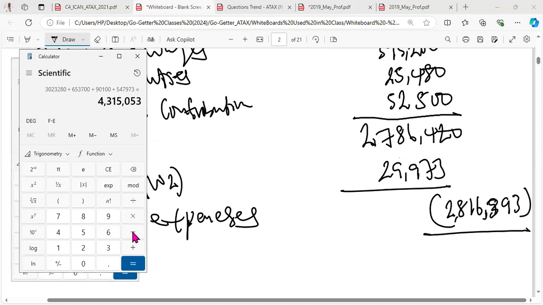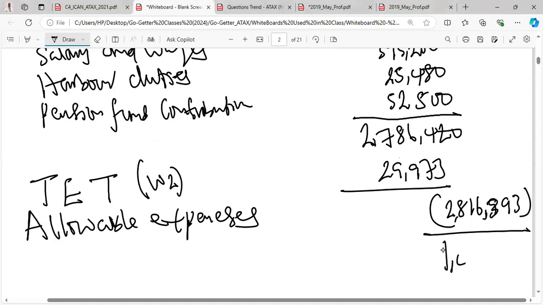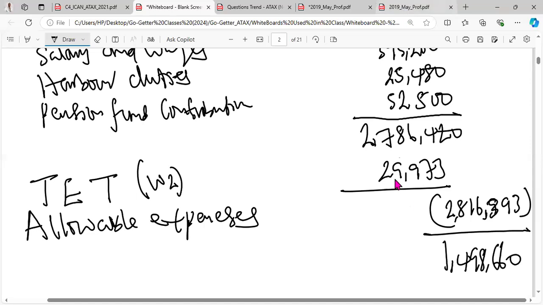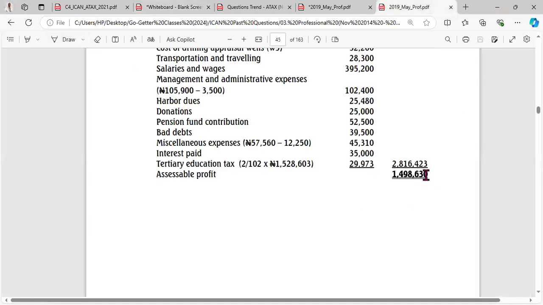So I'll just simply say minus, paste it, and I have 1,498,660. That happens to be the gross assessable profit, they say it's 630.